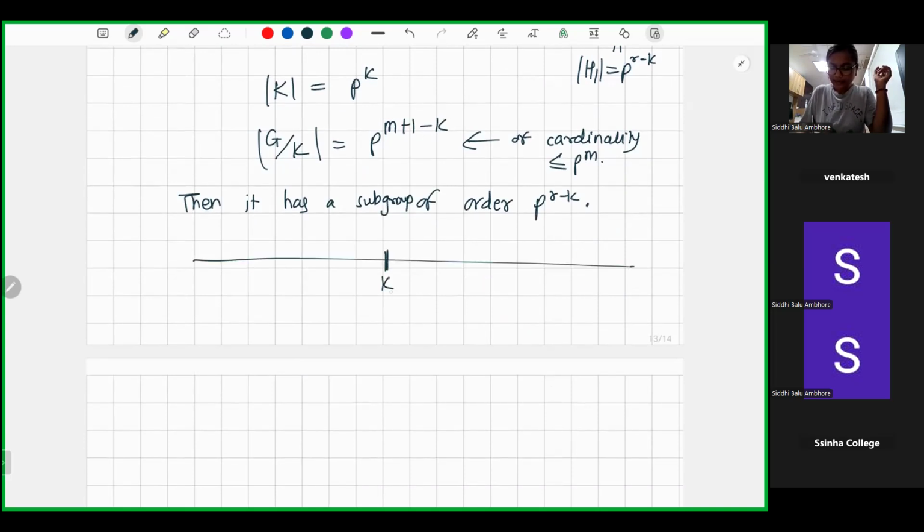So what we had is these groups till k, I have this Z(G), and the moment I go here, this is my G, and this G quotiented by this K, which was generated by this x, now has order p power m plus 1 minus k.